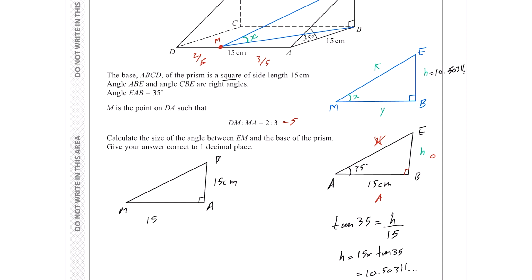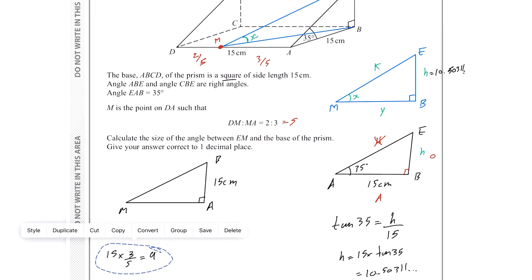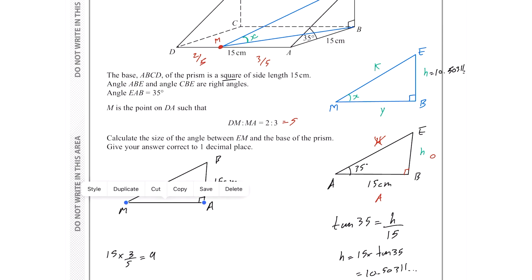I know the full length is 15, and I know that this is going to be 3/5 of that because they've given me the ratios in the question. So if you work out 3/5 of 15, that's equal to 9. So that means that this side is 9 centimeters.